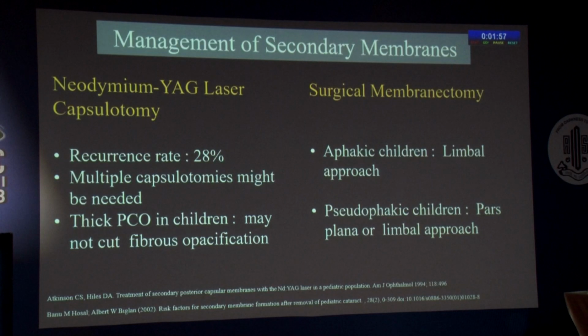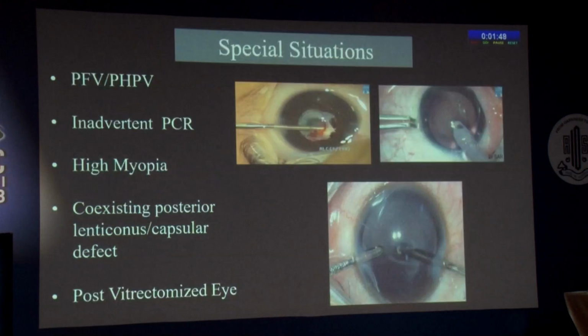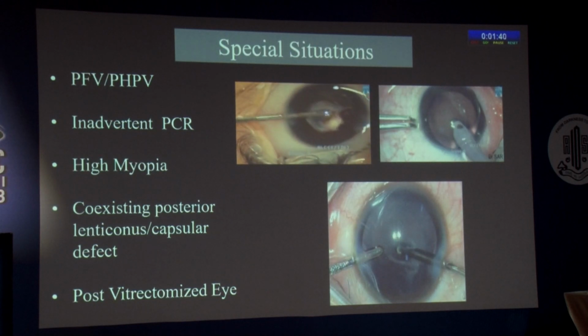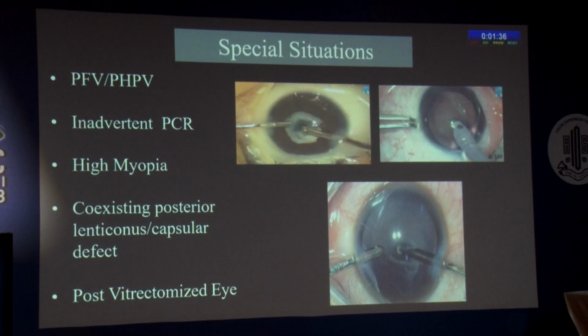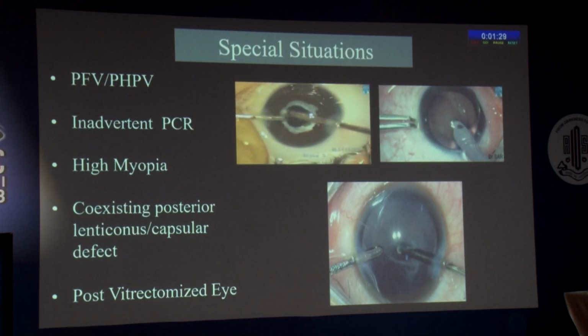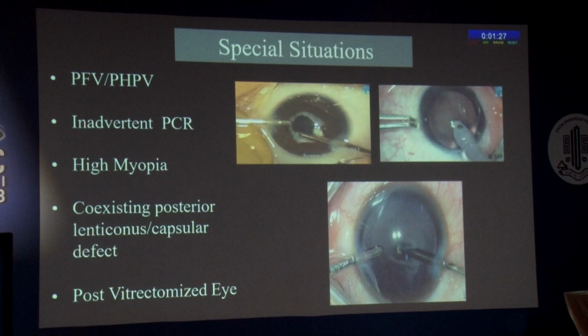In aphakic children, we usually prefer membranectomy through the limbal approach. In pseudophakic children, we can use either the limbus or the pars plana. Now, in certain special situations like persistent fetal vasculature or anterior PHPV, when the capsule is very thick, we will cut the capsule definitely and fashion a posterior capsulotomy around 3.5 to 4 millimeters and then slip in the intraocular lens.